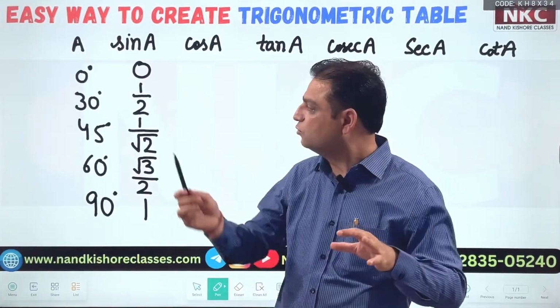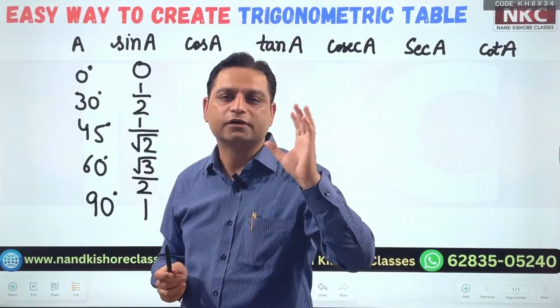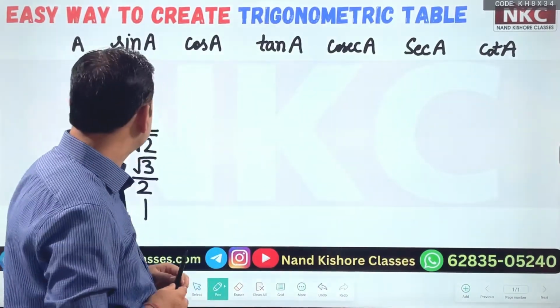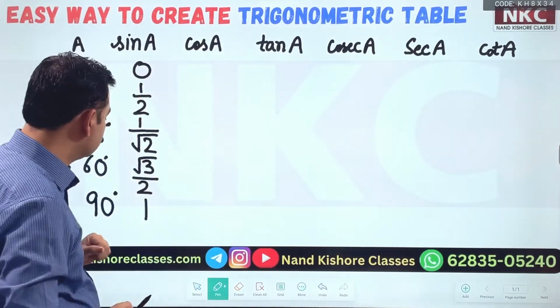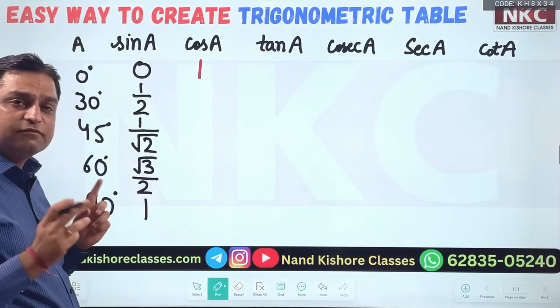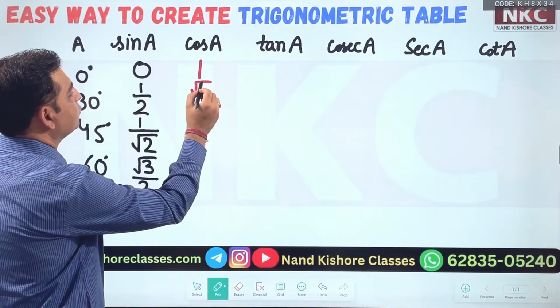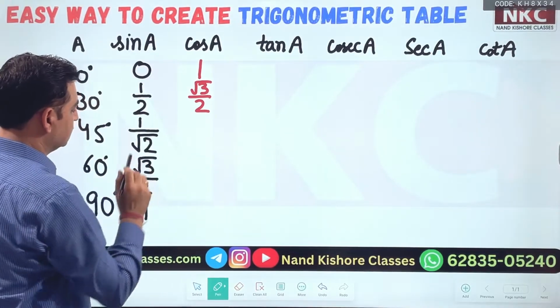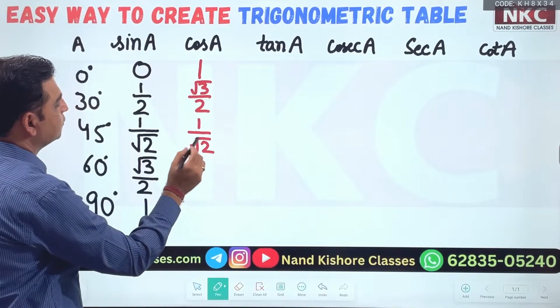And once you have done the first column, the next ones are going to be very easy. Why? Just write it in reverse for cos. Bottom value is 1, its upper value will be 1. Just reverse, as I said. Root 3 over 2, write root 3 over 2. Then 1 over root 2, just follow the same sequence.